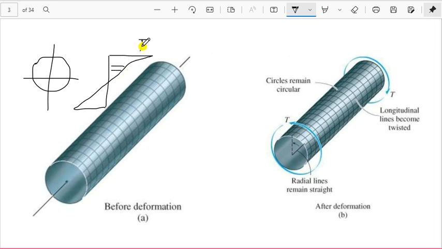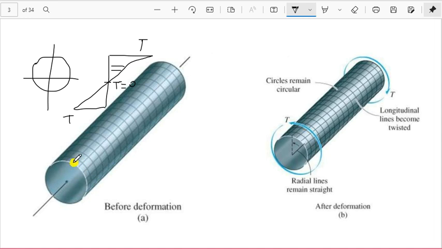Here maximum value of tau at this extreme portion, and at this extreme portion there will be tau value. Here at the center, value of tau will be 0. Alright. Now in this figure you can easily understand.